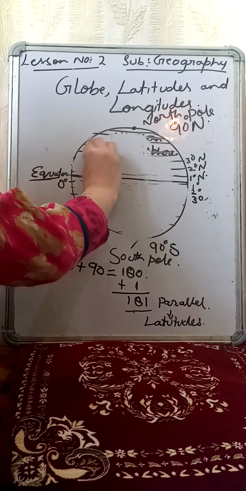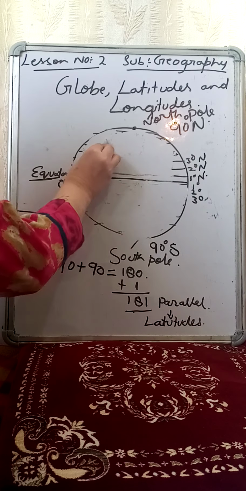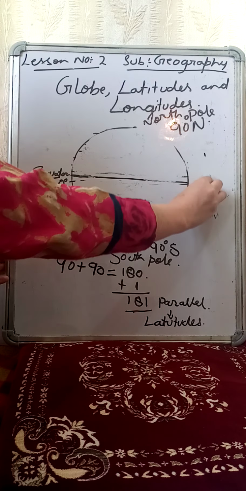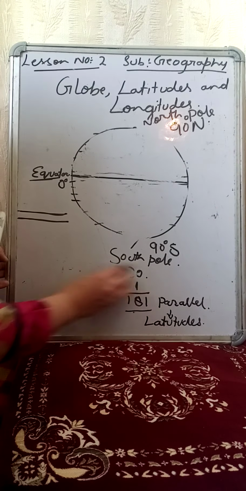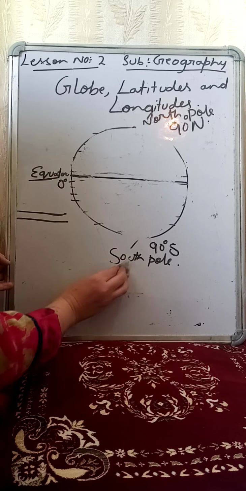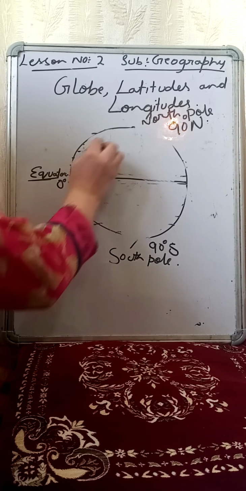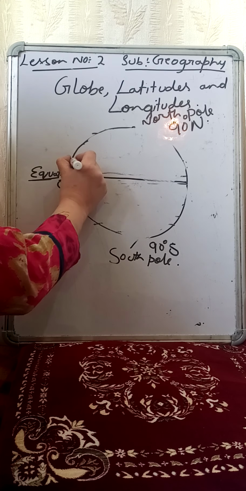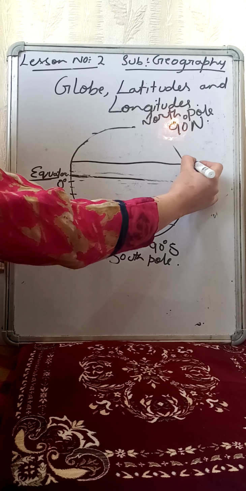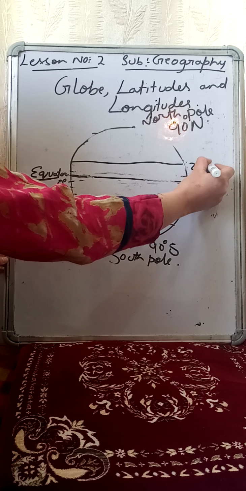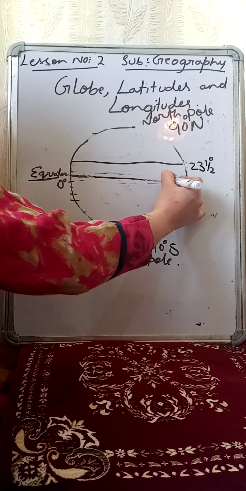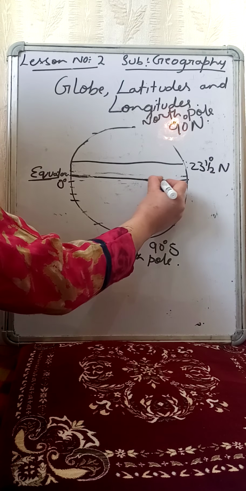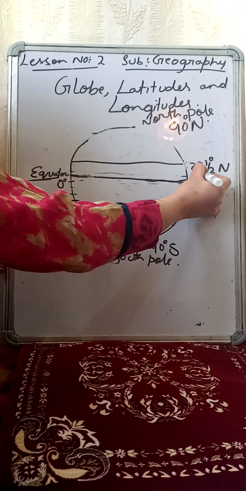We have some important latitudes in the northern hemisphere and some important latitudes in the southern hemisphere also. One of the important latitudes is over here. This is 23.5 degrees N. N means north. 23.5 degrees north.